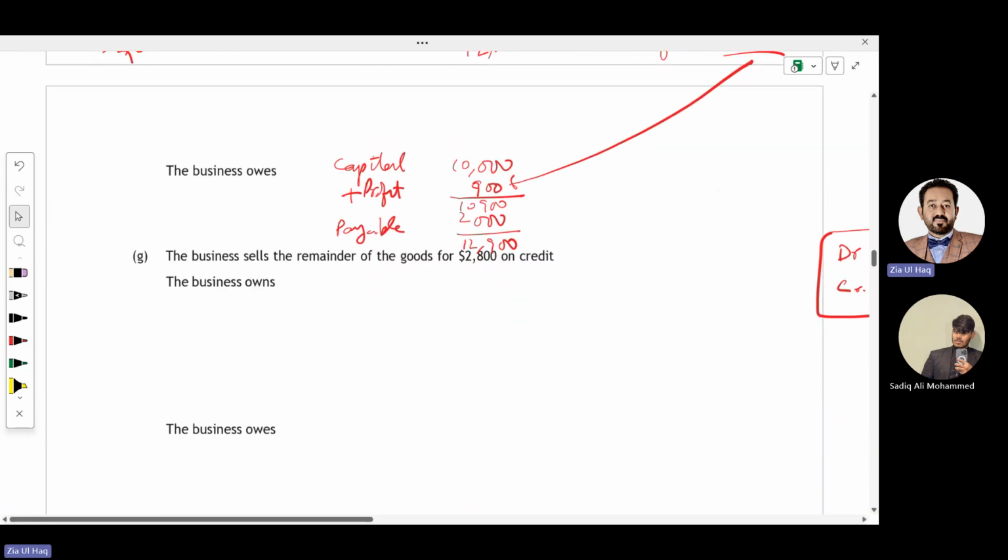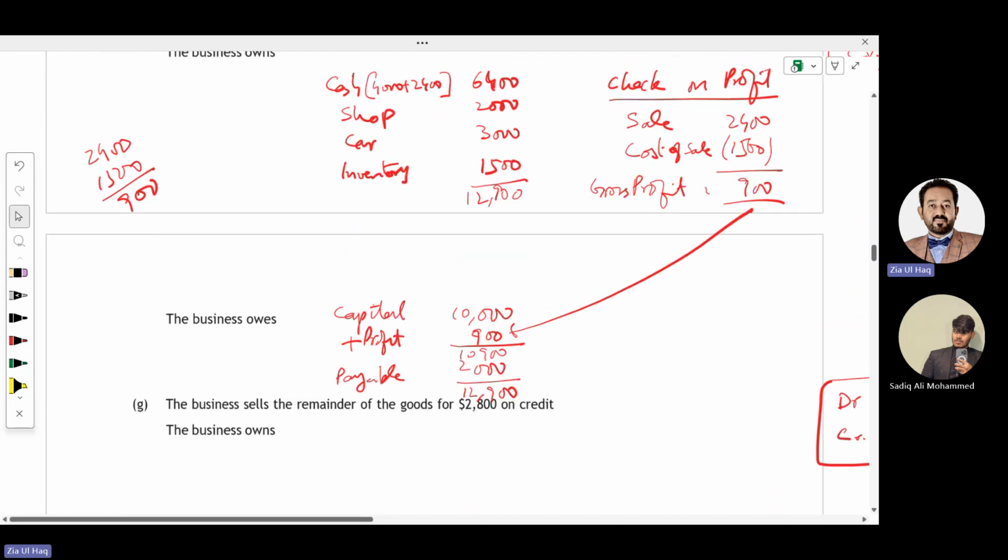The business sells the remainder of the goods for 2,800 on credit. Means the remaining goods of these 1,500 we sold for 2,800 on credit. Means not received cash. This means your cash will remain same 6,400.